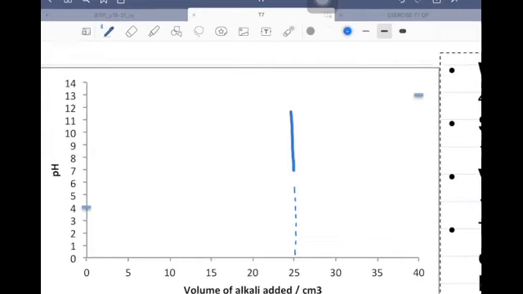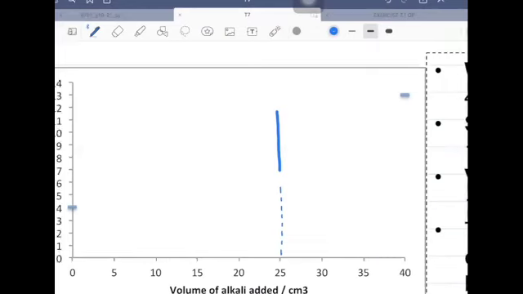Okay, then as usual, that should be a nice straight line. All you have to do is just connect them and make a smooth curve.